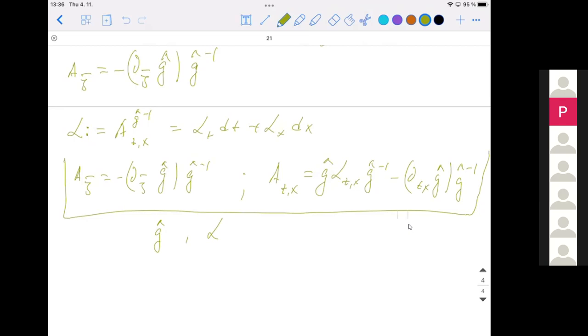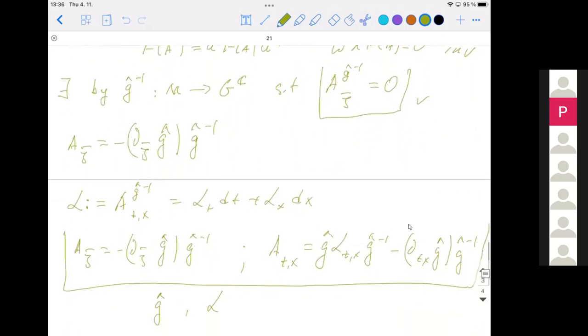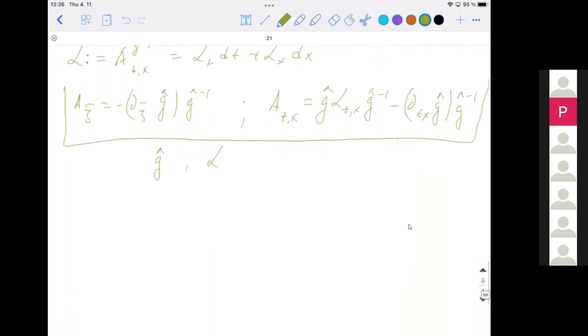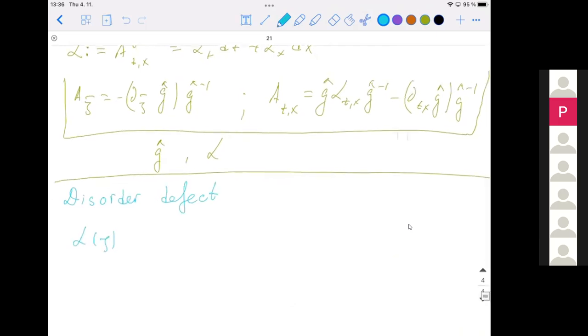Now that we got rid of the zeta bar direction, we should talk about something called disorder defects. This L cannot be holomorphic.